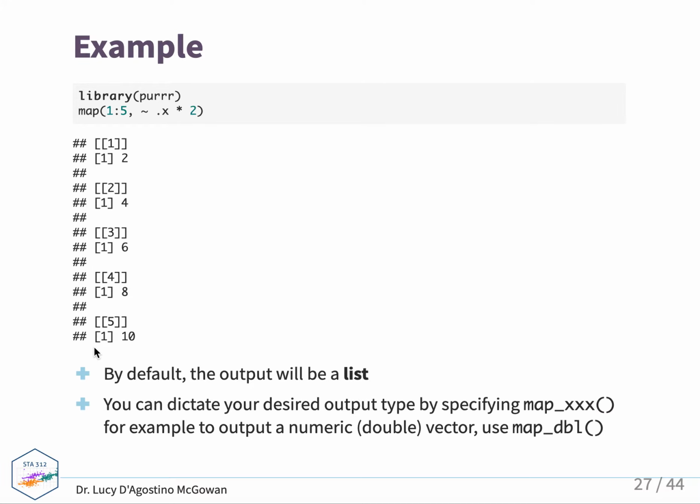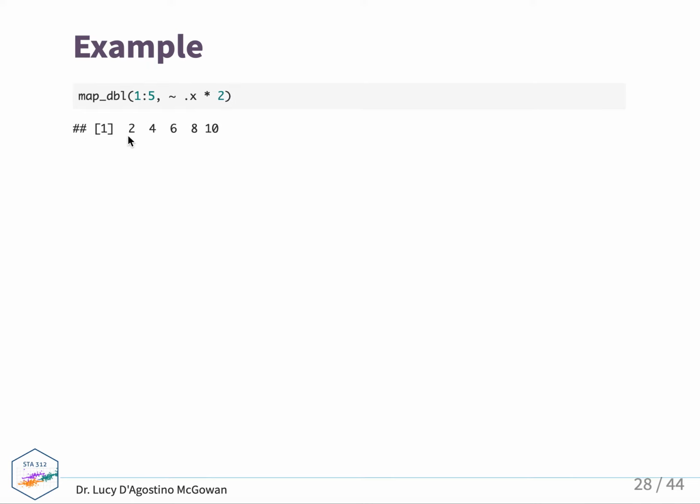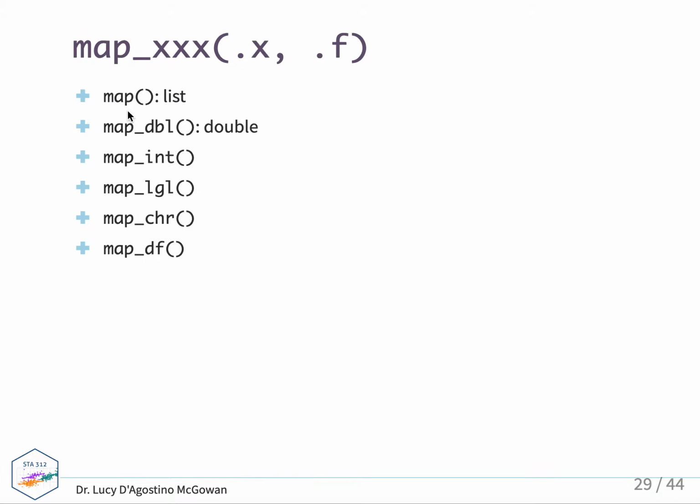But you can actually dictate your desired output by specifying the XXX part of map_XXX. For example, if I wanted to output a numeric or double vector, I would use map_dbl, and I'd end up like this. I get the same values, 2, 4, 6, 8, 10, but now it's a numeric vector instead of a list, because I used map_dbl.